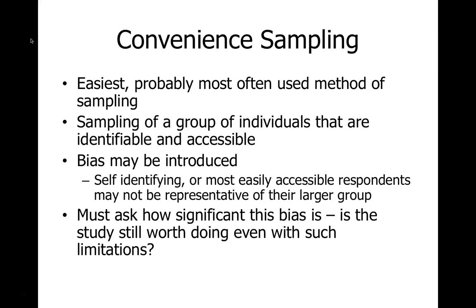And we always have to ask how significant this bias is. Is the study still worth doing even with such limitations, or is the knowledge that we're going to generate from the study going to be useless to us if we have a sample that doesn't allow us to generalize to some larger group that may be relevant for that research question?